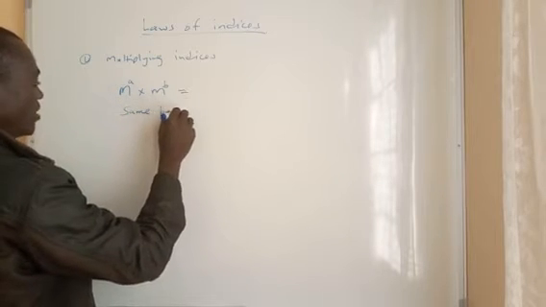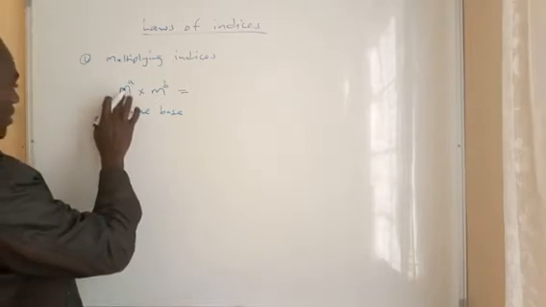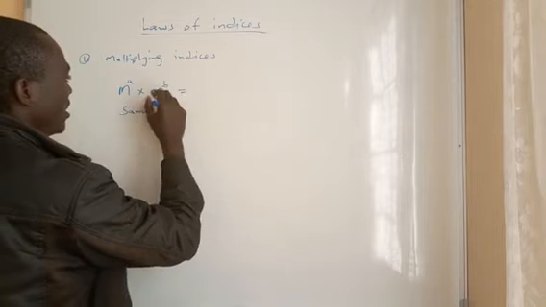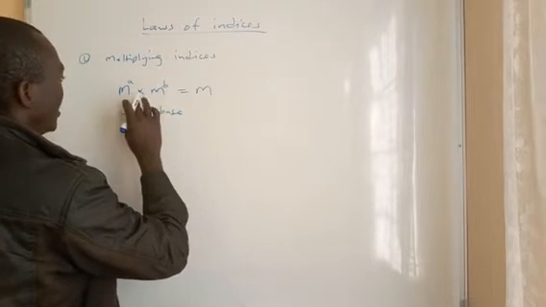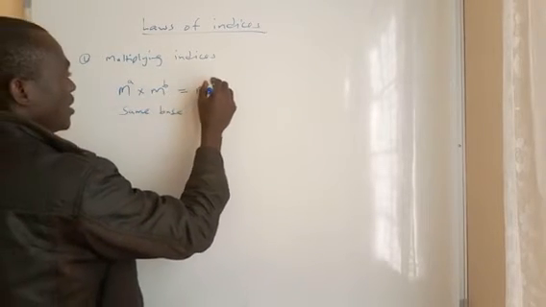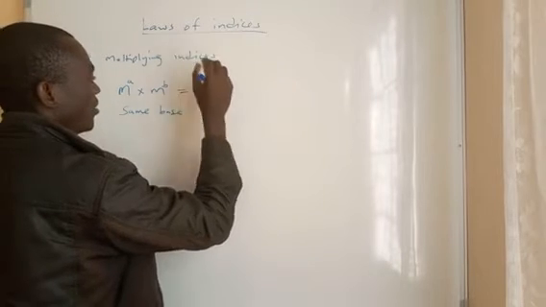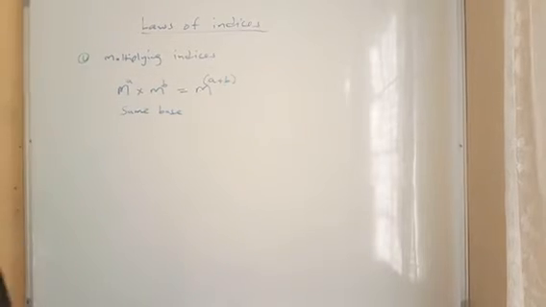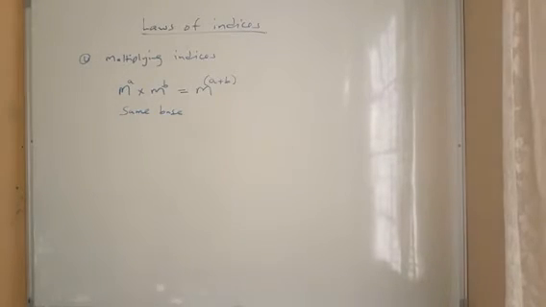The base is this m. If this is multiplication, then you pick one of the bases and add the powers, or the indices.